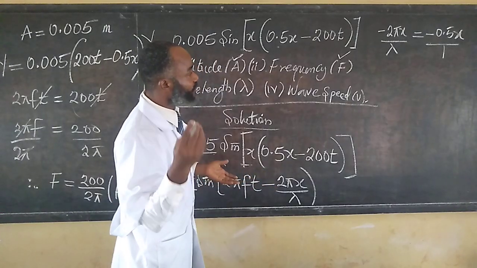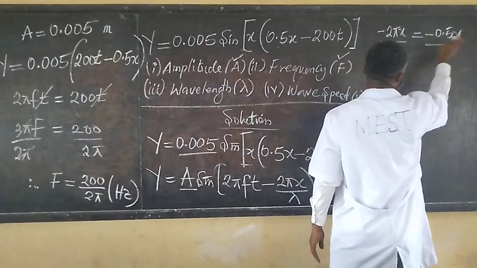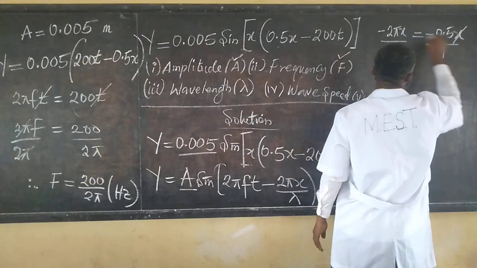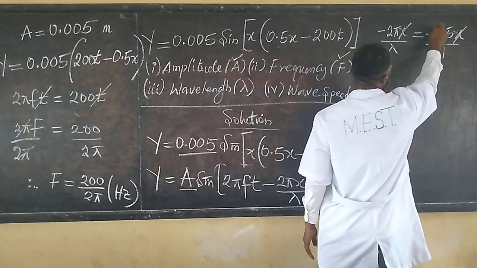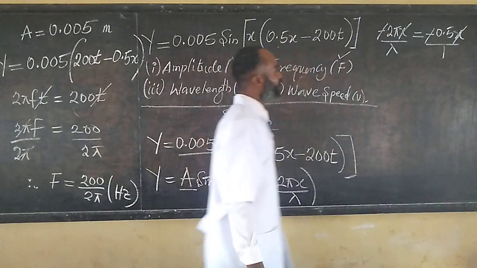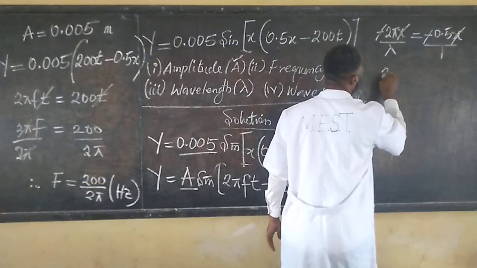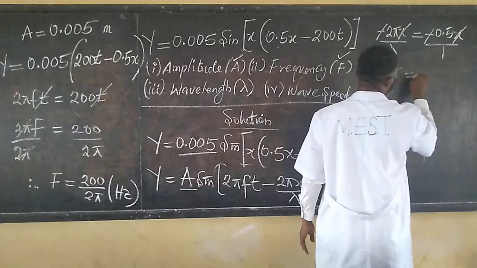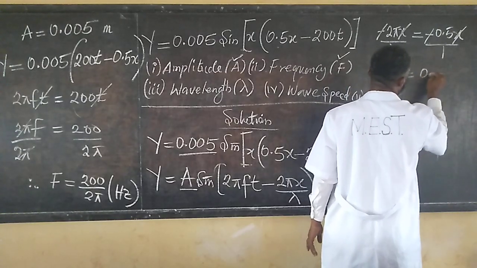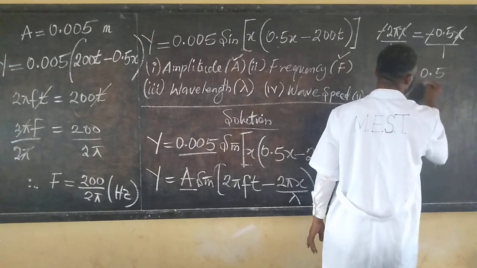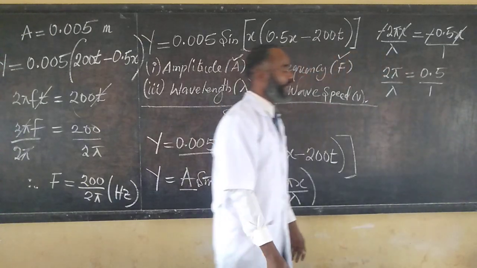Alright? So, let's go. Something common is x. So, this x takes care of this. Something, again, that is common is minus. Minus takes care of itself. And simply we are left with just 2 pi over wavelength is equal to 0.5 all over 1, right?